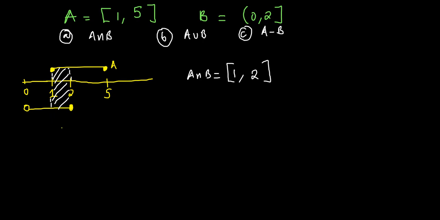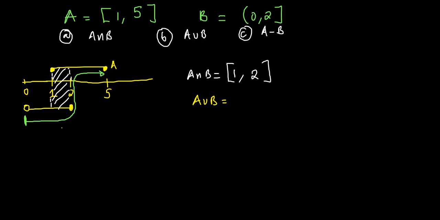All right. And then the second part of the question is we want to find A union B. Now A union B is easy because we are just combining the two sets. If you combine the set A and the set B, the smallest value you have is 0. Combining is more like forming a straight line. You go from 0 to 2, and then from 2, where set B is ending, you continue like this up to 5.